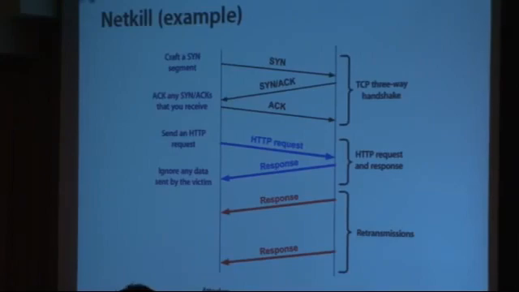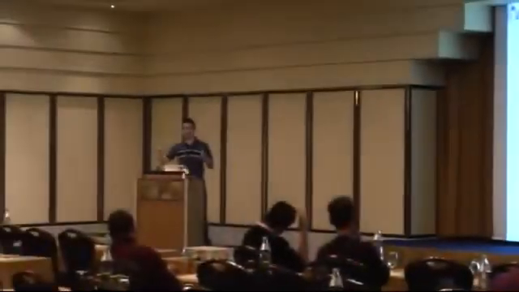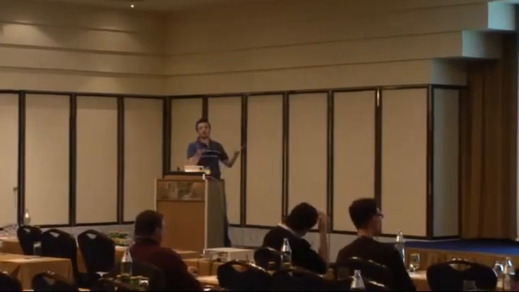And right after that, he sends, for example, an HTTP request. The idea here is simply that he wants to send a request to the victim system such that it produces a large amount of data that will be queued in the socket send buffer. Right after that, the victim will try to transfer the response back to the attacker, and the attacker will simply ignore that response.